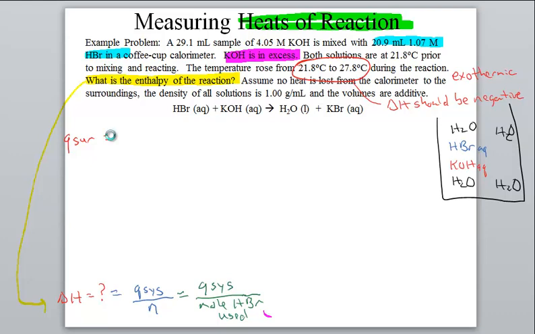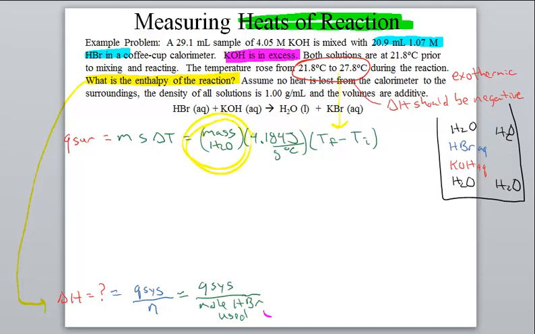For water's surroundings, we're going to use its specific heat constant, which is 4.184, and we'll use that temperature change. The heat is flowing into the water, so hopefully we get a Q value for the surroundings that's positive. The final and initial temperatures are given in the problem, so we'll just plug those in.